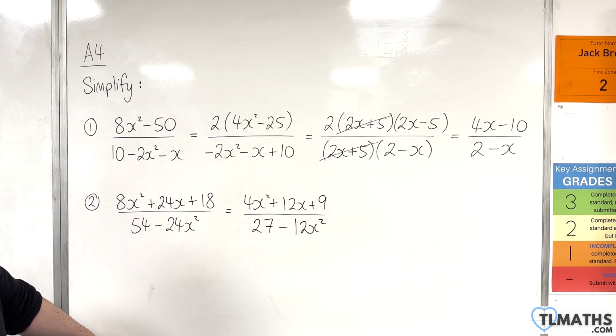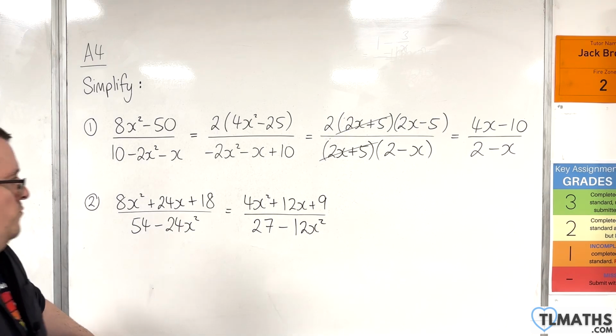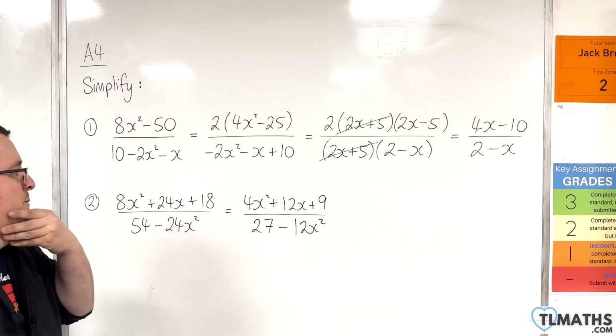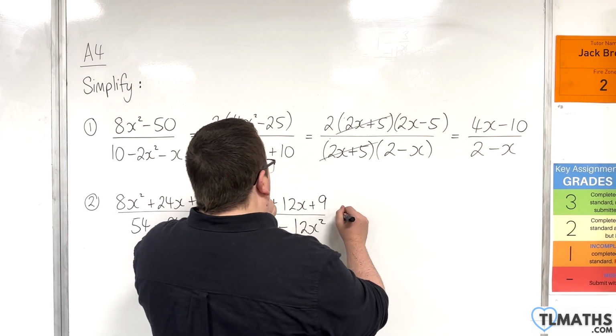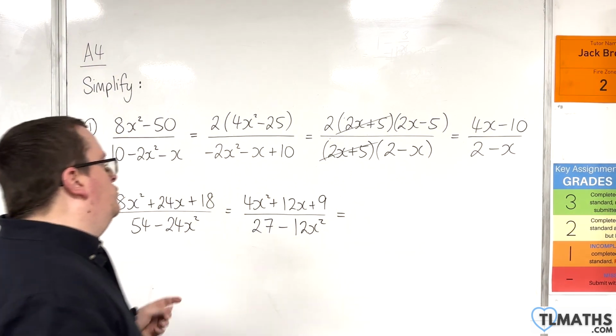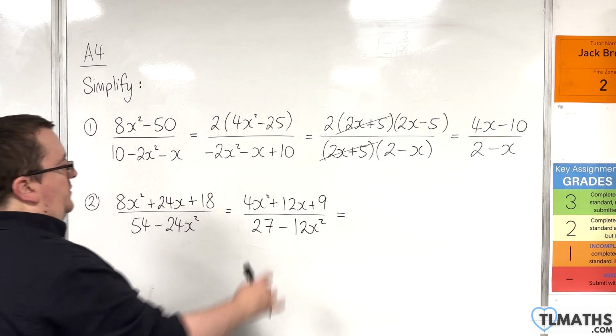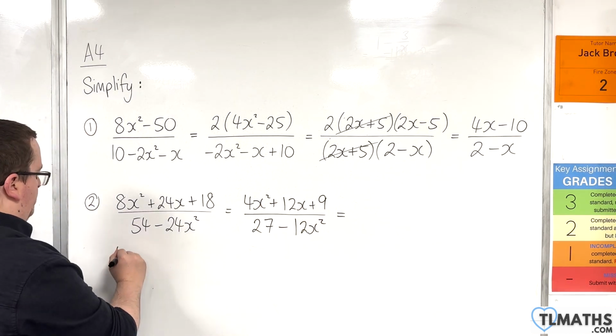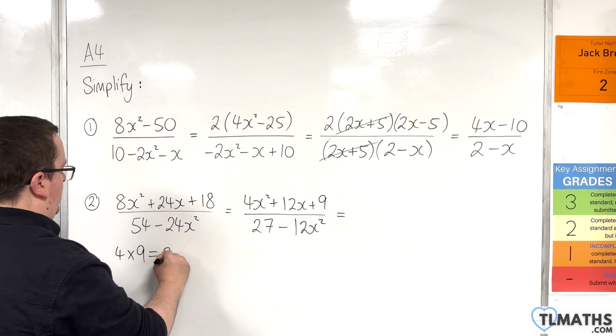Right, let's keep going then. So with the numerator, let's go into factorising that first. So we've got 4 times the 9 is 36.